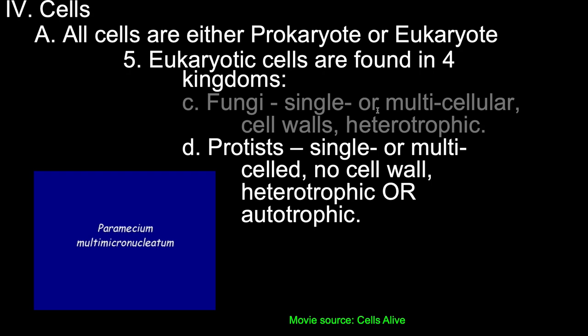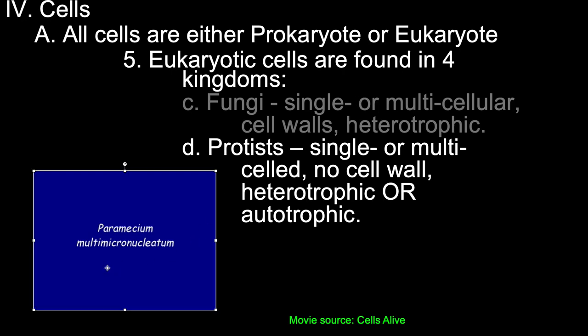And then last but not least are our protists. Our protists are interesting. They can be found as either single-celled or multicelled, like fungi. Mostly they're found as single-celled, like a paramecium. And I'm sorry, I'm not sure if this video is going to work here. It doesn't seem to be working on this recording. But little parameciums, they have organelles. They look like bacteria, but they have organelles and they're larger in size.